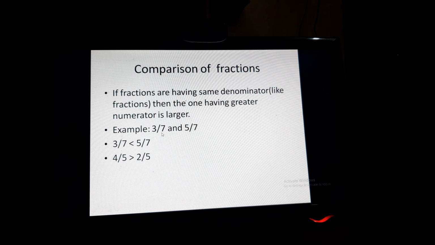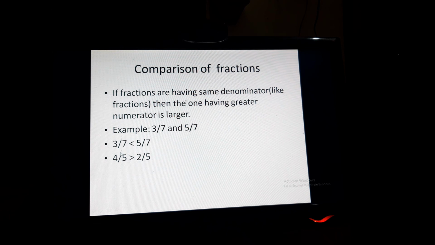Same denominator, 7, 7. So these two are like fractions. Now the numerator will decide which one is greater. Is 3 greater or is 5 greater? We know that 5 is greater than 3. Therefore, 5 upon 7 is greater than 3 upon 7.